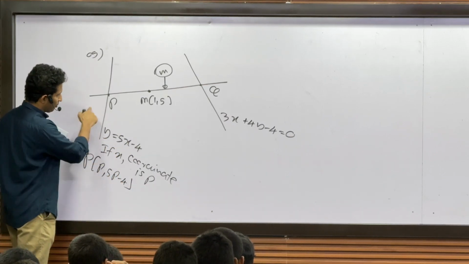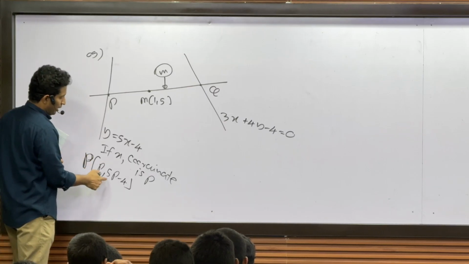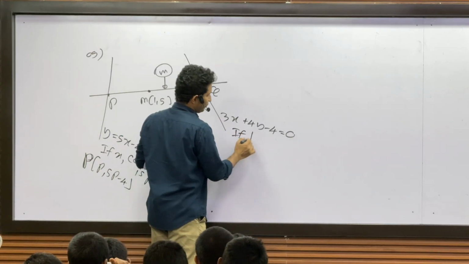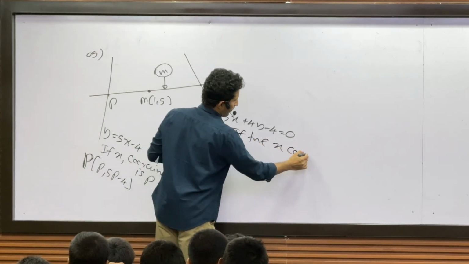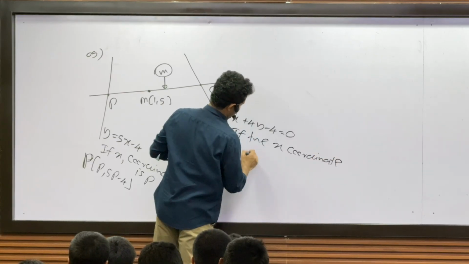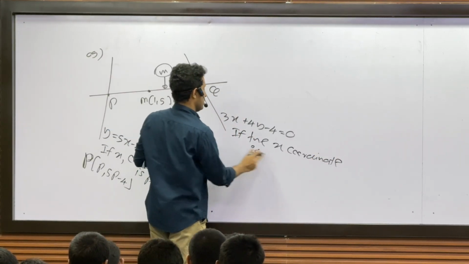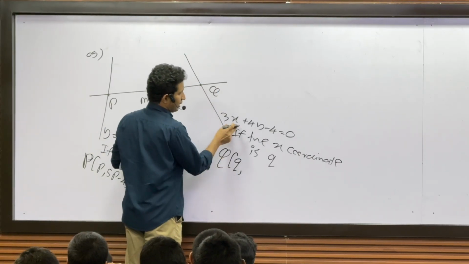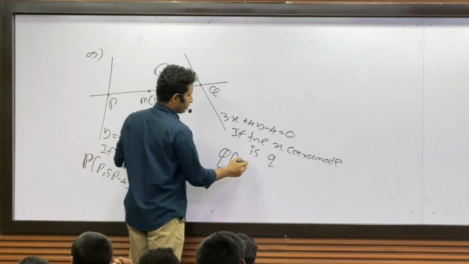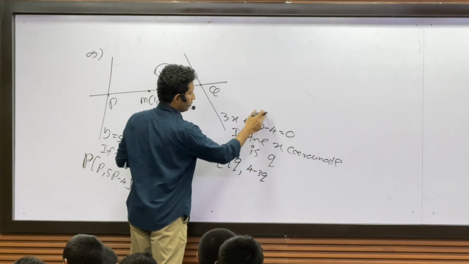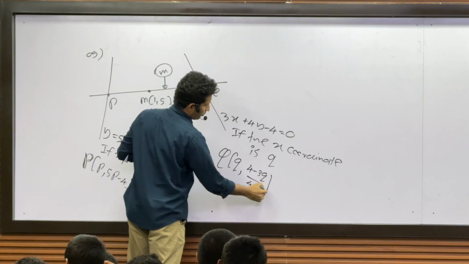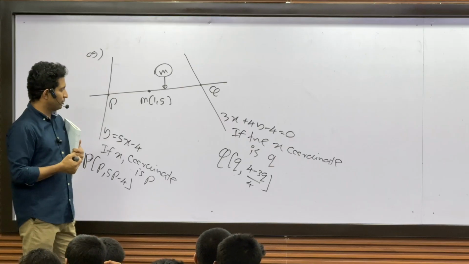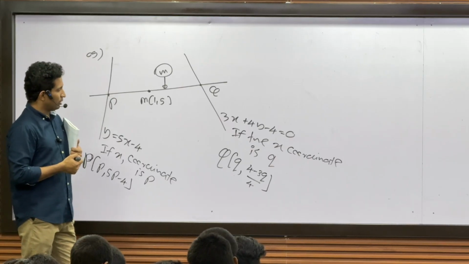And again, if the x coordinate of Q is q, you can write Q as (q, (4 minus 3q) divided by 4). The y coordinate comes 4 minus 3q divided by 4.